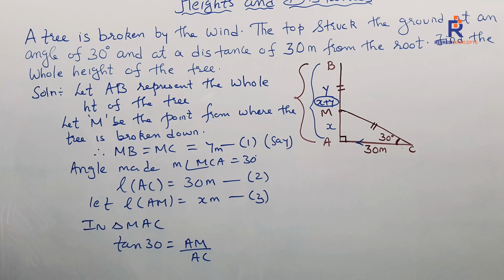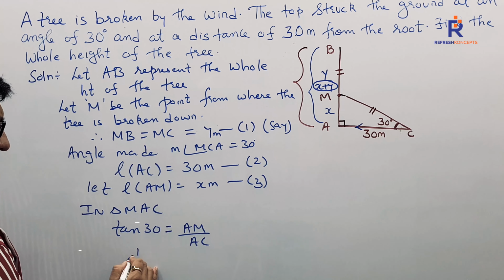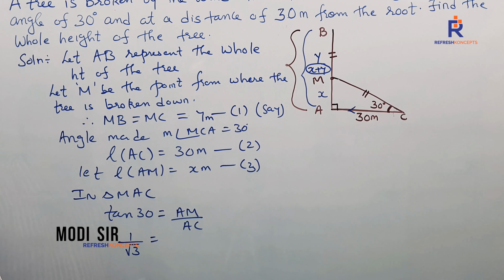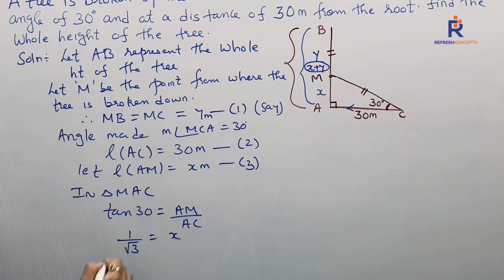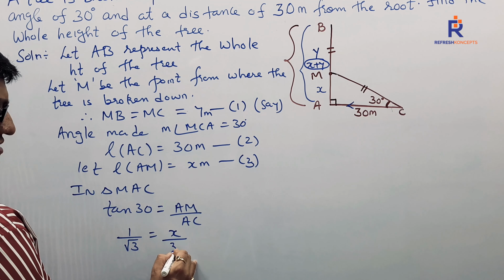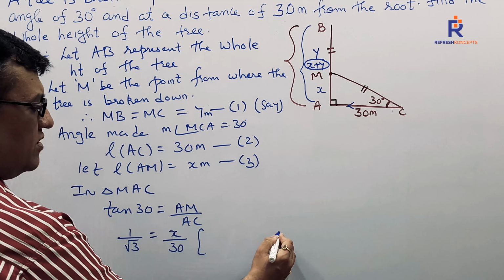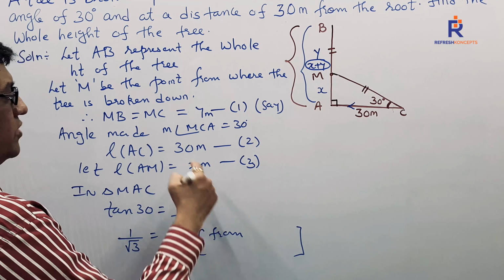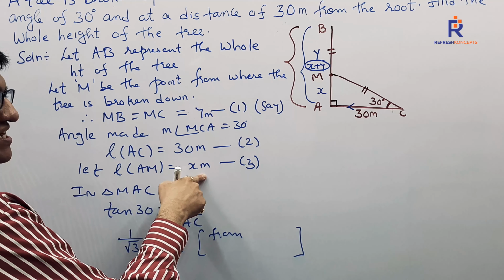That's the definition. Tan 30 is 1 by root 3. AM is X, and AC is 30. You can state all these with the reason: this is from equation 3.